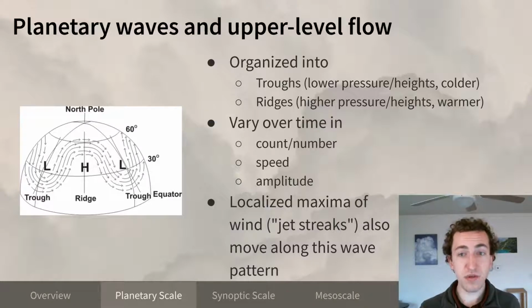Other things to talk about with these planetary waves and upper level flow associated, again, jet stream is where the winds are maxima, but these patterns persist even around that. And just to give some terminology here, they're organized into troughs, which are these downward or U-shaped patterns in the northern hemisphere.